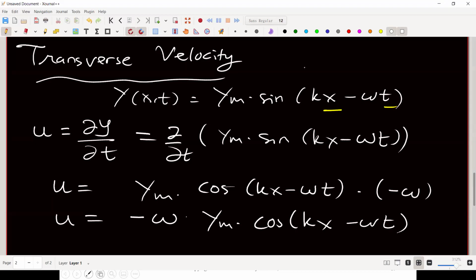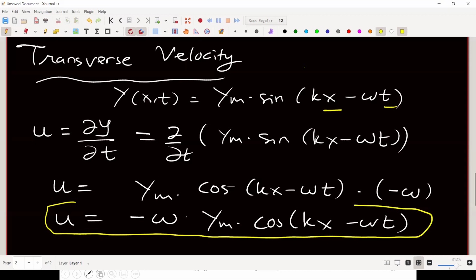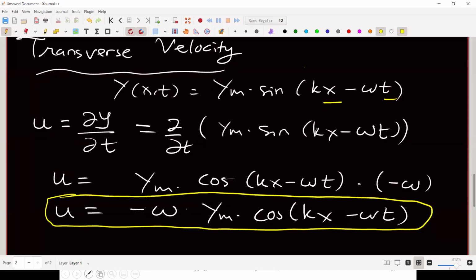This is the transverse velocity. Any questions about this equation? We call this one the transverse velocity.